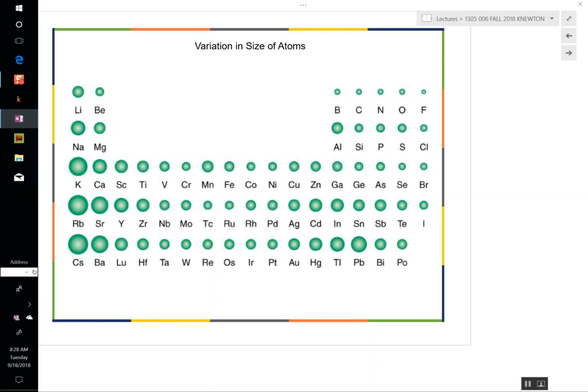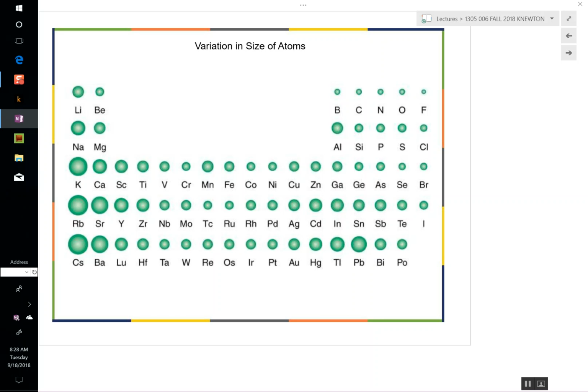Sodium's bigger, potassium's bigger, cesium's bigger. So what is the size of the atom? There's a nucleus right there, surrounded by a cloud of electrons, and those electrons keep that cesium atom from getting any closer to the next cesium atom. So that's how much space it carves out.